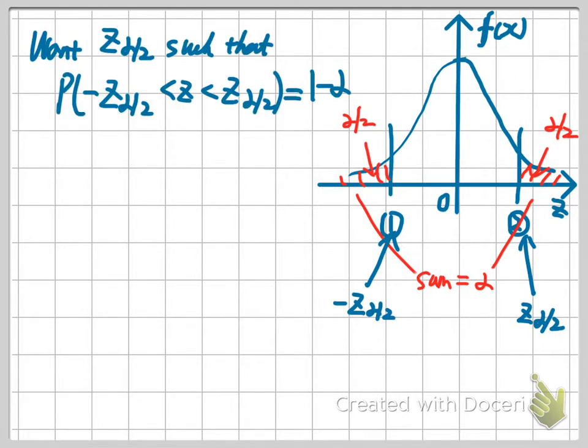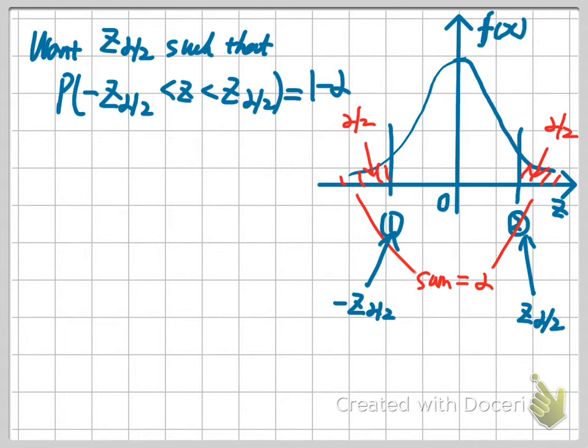it looks like this. To find the value of this z alpha over 2, there are two ways. One way is we first find the value of z alpha over 2, and then we know the left endpoint, negative z alpha over 2, is just adding a minus before this.